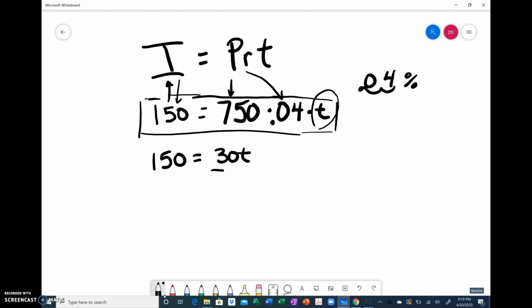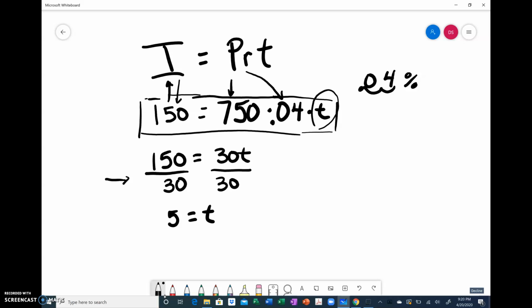So you should know what to do at this point to get the variable alone. And hopefully you would see that without using a calculator, 150 divided by 30 is 5 equals t. So what does that mean? If 5 equals t, how would we answer the question?